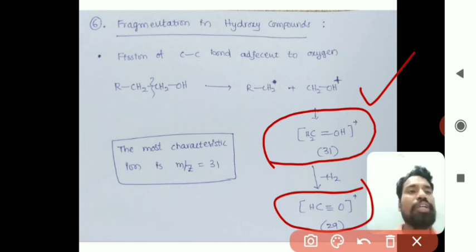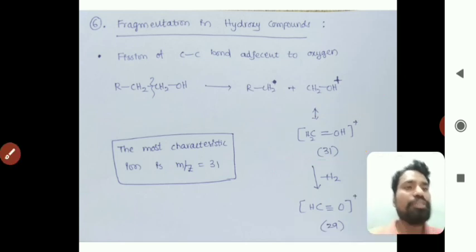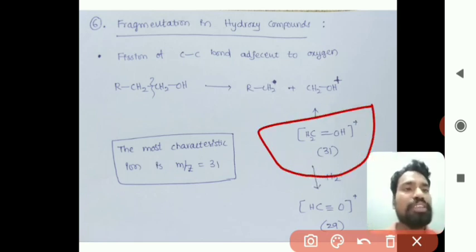So we can get a basic idea by observing the peaks at 31 and 29. This 31 peak, that is CH2OH+, is a highly stable carbocation formed in the fragmentation of hydroxy compounds.